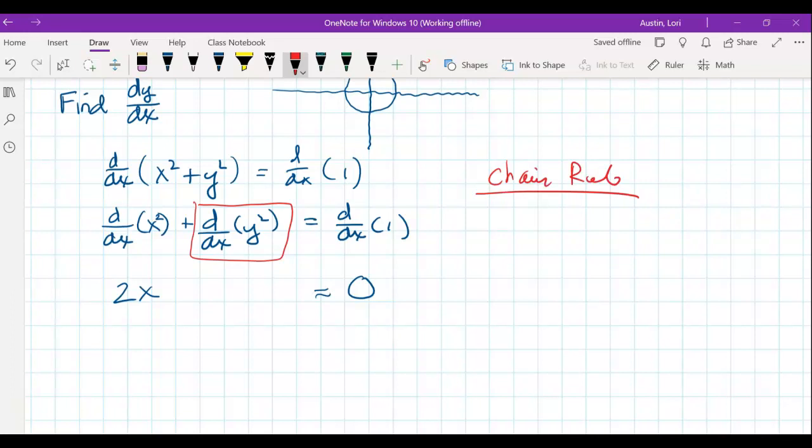So I'm doing d dx of y squared. But I don't have an x in that problem to do d dx of y squared, right? So I say, all right, well, if I first take it with relation to y, then I can take a derivative, right?